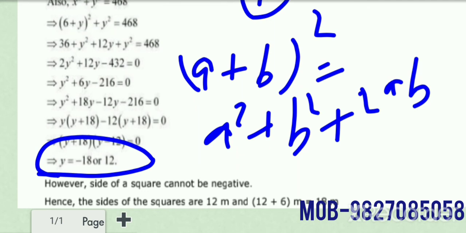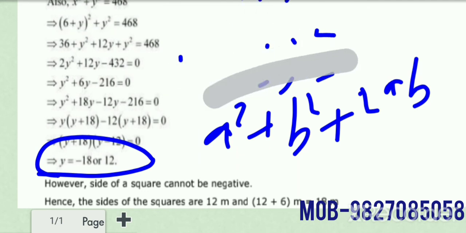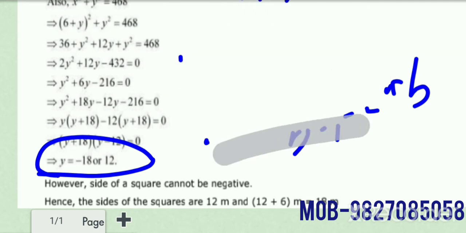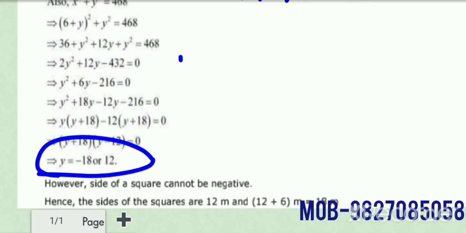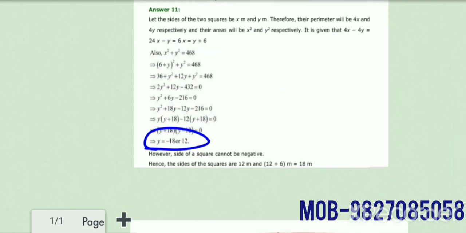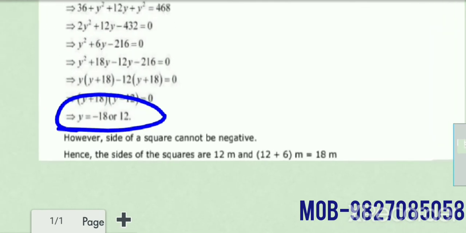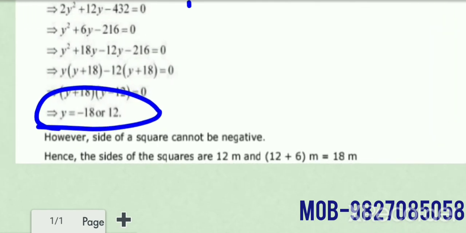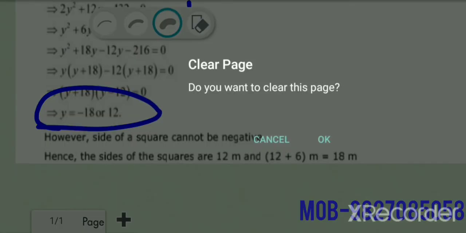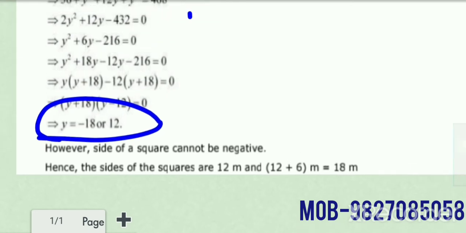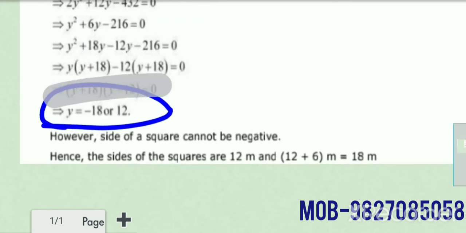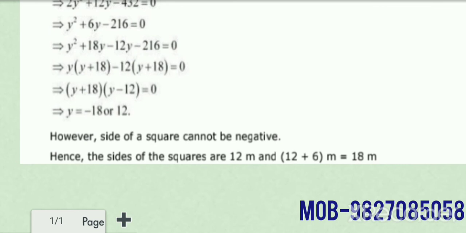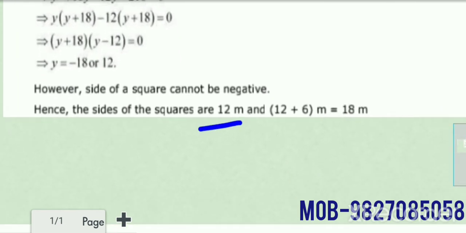So here we can say the value of a side cannot be negative, so we take y is equal to 12. Okay, so the first side is 12 and the second is 12 plus 6, which is 18.